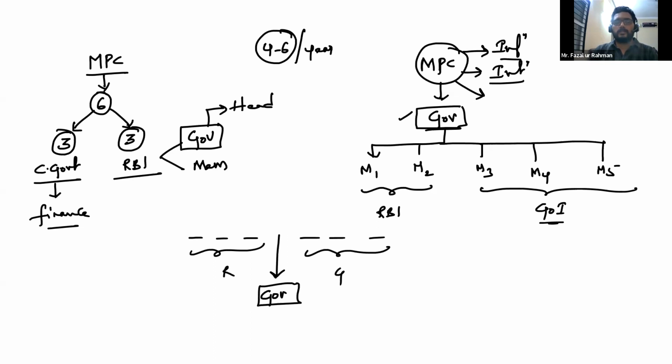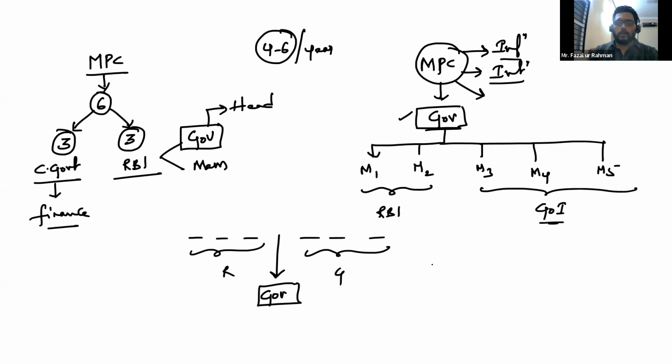All these things are part of the Monetary Policy Committee's daily responsibility. Now, if there could be certain issues between the appointed members and the members who are part of RBI, whenever there is an issue, the governor's decision will be the final decision.